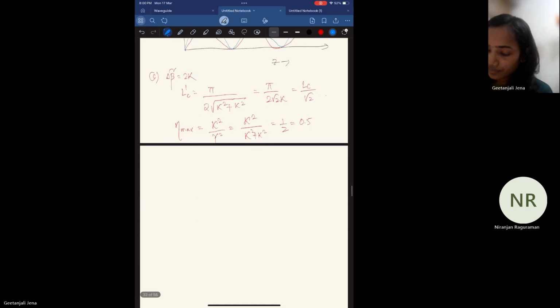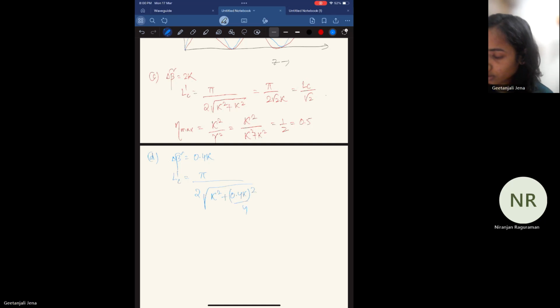Okay. And for the third case, we have delta beta as 0.4k. So that means LC will now increase further, pi by 2 root of kappa square plus 0.4k square.